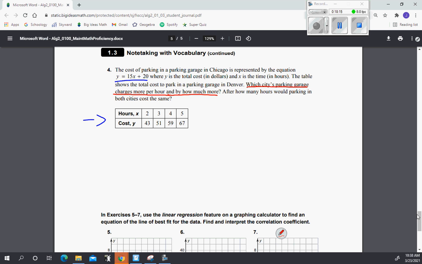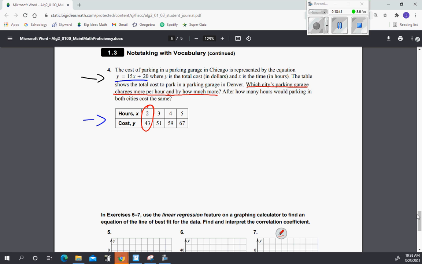Okay, so I'm just going to look at my graph. What do I know about any one of these? Well, I know that Chicago, I can find any time, right? I can just plug a number in for x, find the value for y. Denver, I only have a select few. I have 2, 3, 4, 5. Well, let's look right here. 2 hours, $43.